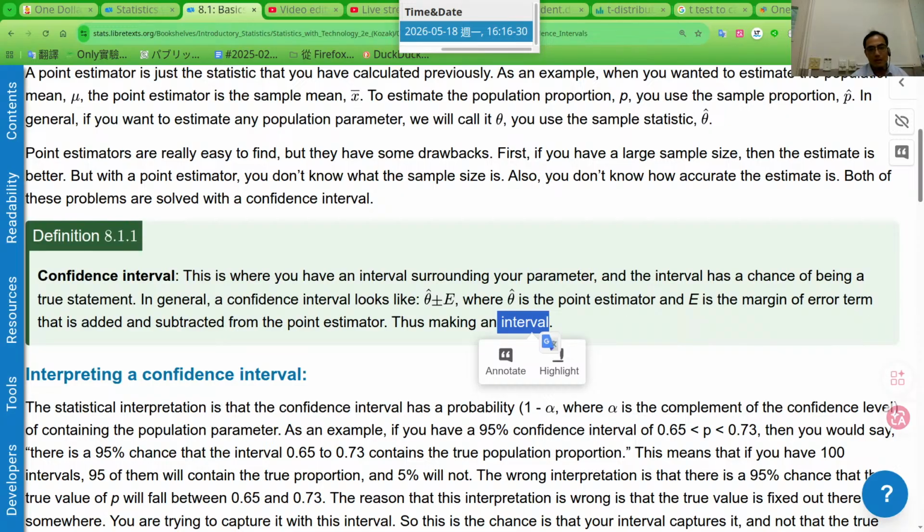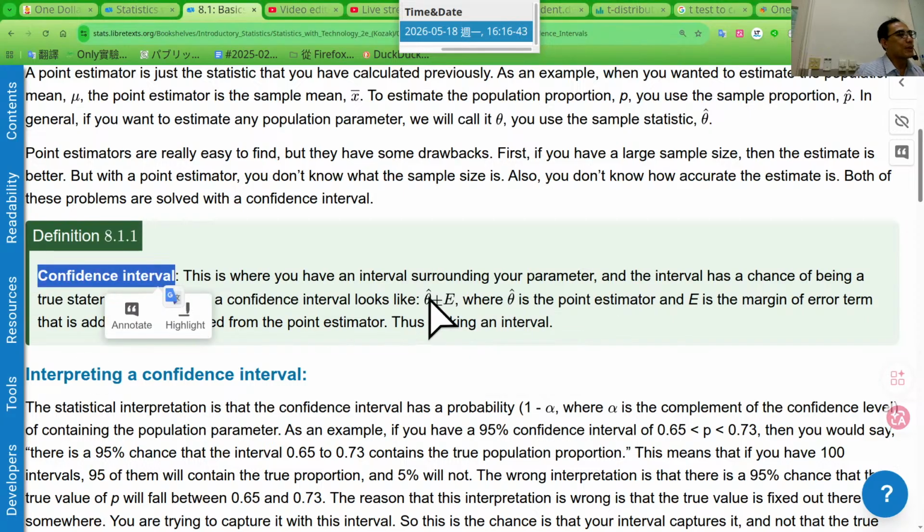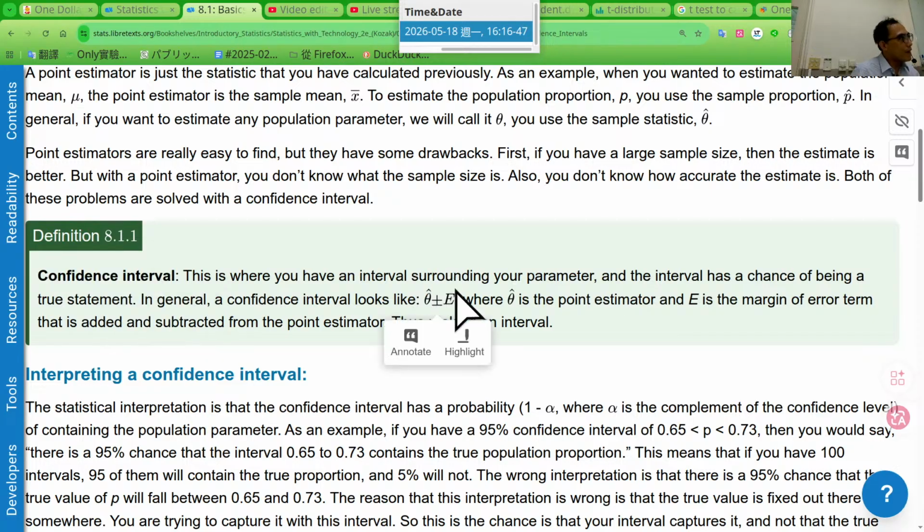For example, it's impossible to get the population, and thus we need to estimate a reasonable range. We call it a confidence interval. Generally, it's a value plus minus another value.